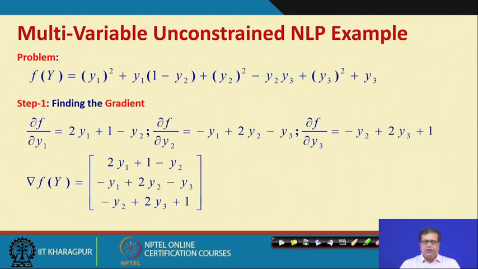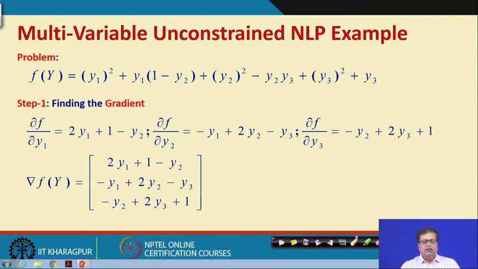So, let us take some examples and see what kind of difficulties can come while following this procedure. Here is a function before us: f(y) = y1 squared + y1(1 - y2) + y2 squared - y2 y3 + y3 squared + y3.